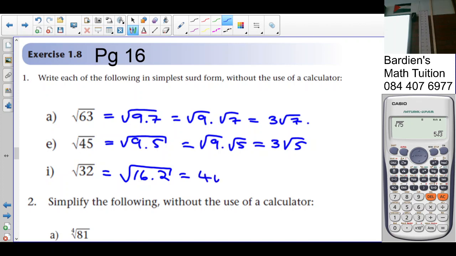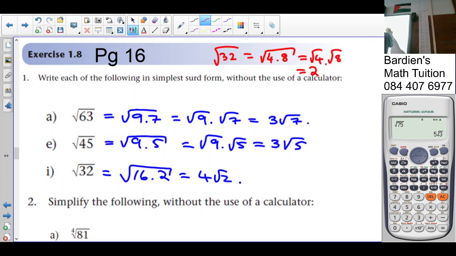4. Now say for argument's sake, you went and said for the root of 32, it could have been the square root of 4 times 4 times what is 32? 8. So that would have been written as the square root of 4 squared times the square root of 8, which is 2 root 8.